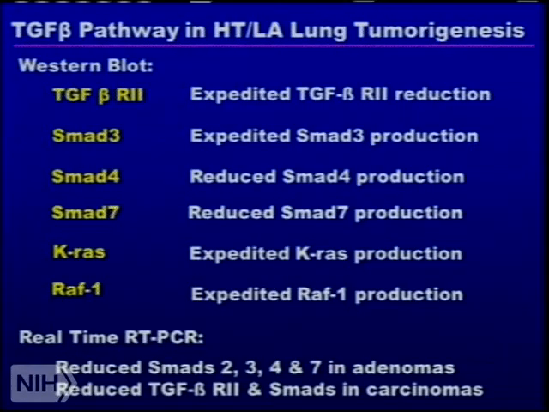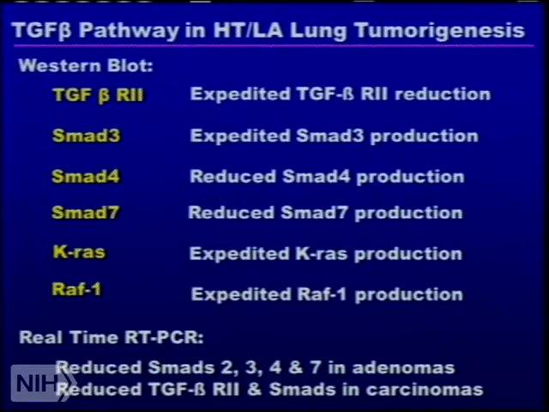But we see reduced production of both the SMAD4 and SMAD7 proteins. Because we were interested in the RAS pathway, we also looked at RAS and RAF1 expression, and both these proteins showed expedited increase in their production by about a month each time.